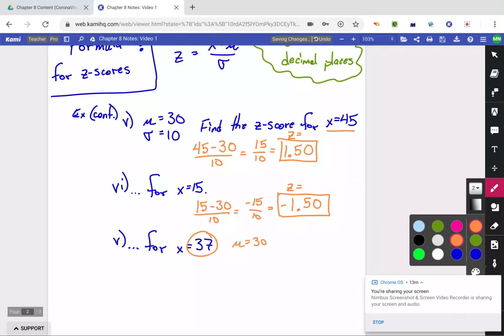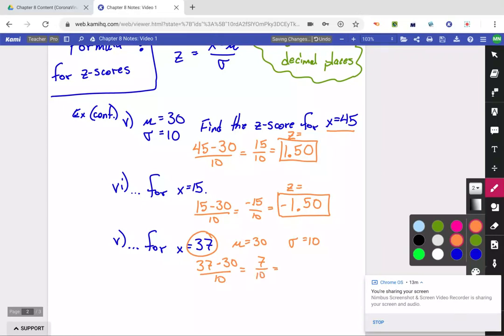But tell me in terms of how many times you had to jump 10 units. Right? So this answer is not one jump, because if it was, it'd be 40. This number is 37, so it's not quite one whole standard deviation jump. The way you calculate exactly what it is, you just take 37 minus 30, divide by 10. Realizing that you're just finding the difference and then dividing by the jump distance.